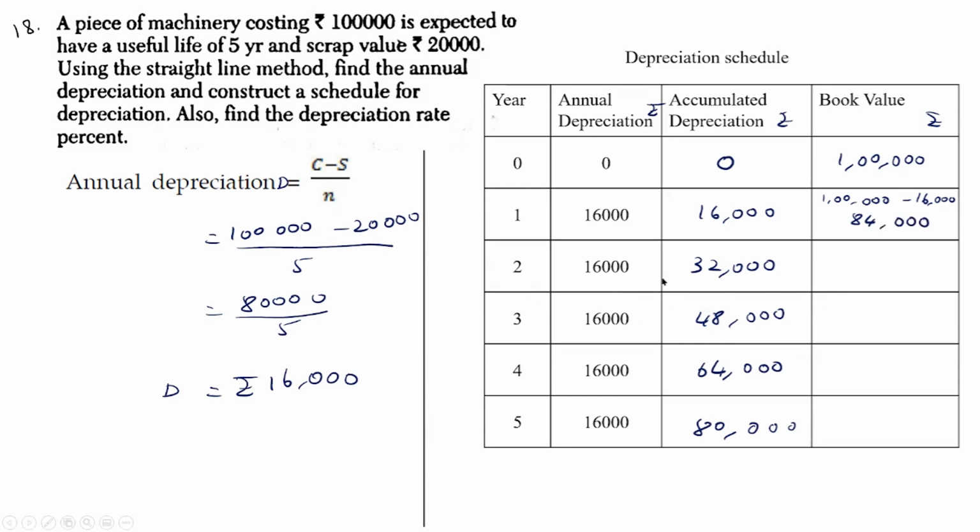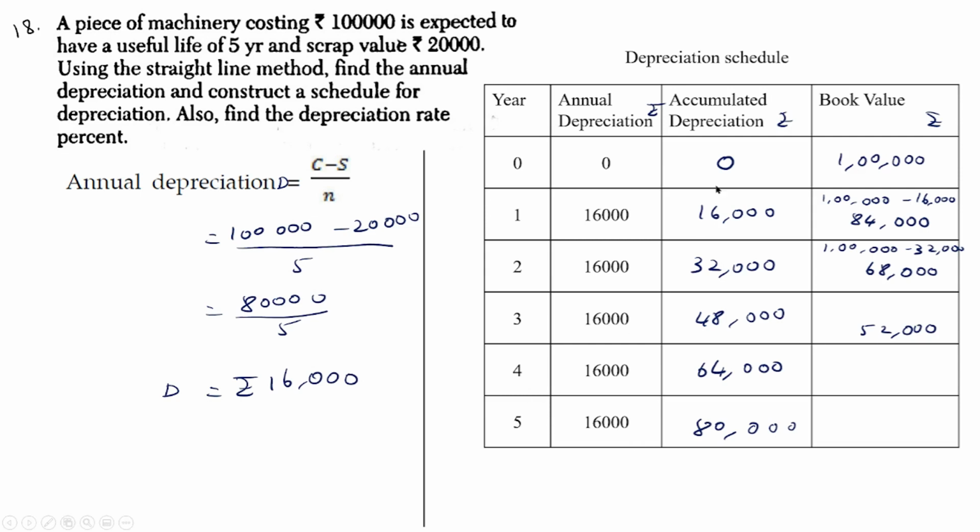And then book value at the end of 2nd year, it is the original cost minus the depreciation. So it is 1 lakh minus 32,000. It is 68,000. And then at the end of 3rd year, it is 1 lakh minus 48,000, 52,000.